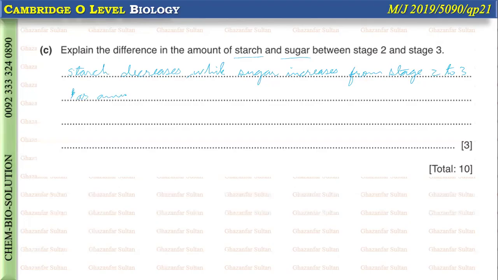As amylase in the seed catalyzes the breakdown of starch into sugar. Why?